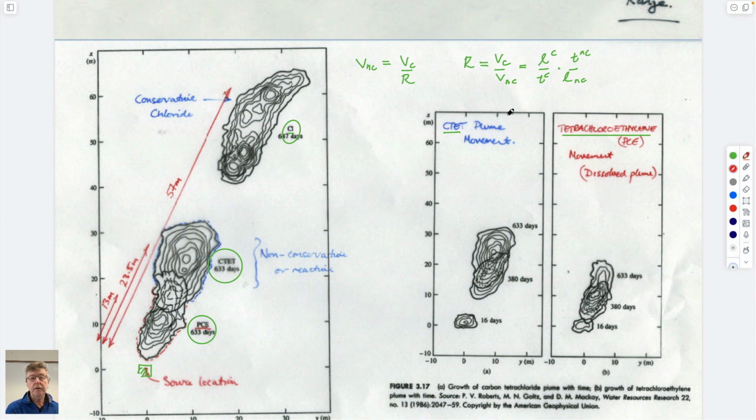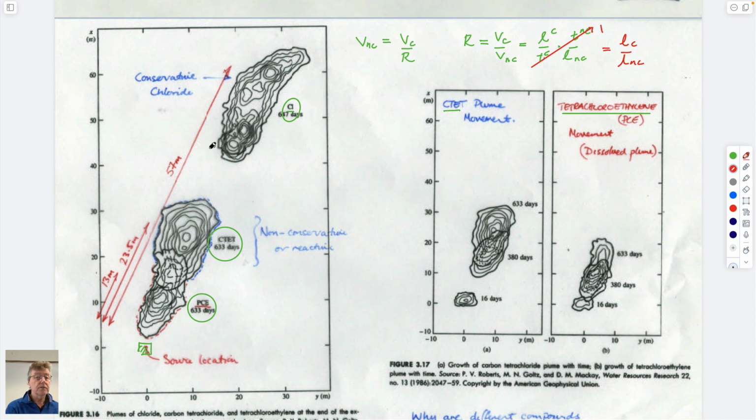You take them at the same time, so TC and TNC are the same. And so this is length C over length non C. And so you can just use these ratios of lengths, and it makes sense. R is always bigger than 1. It travels longer when it's non-conservative.